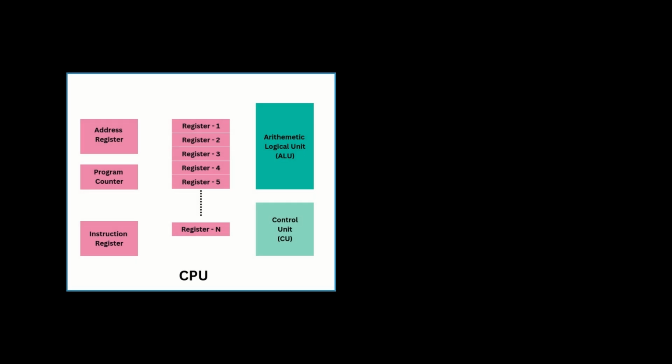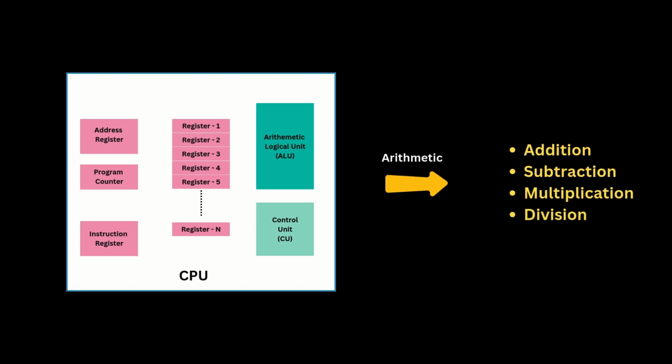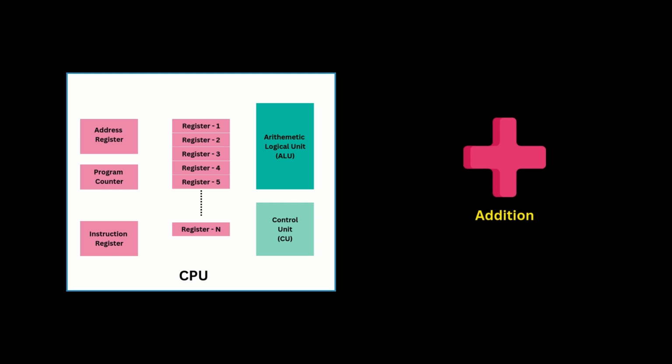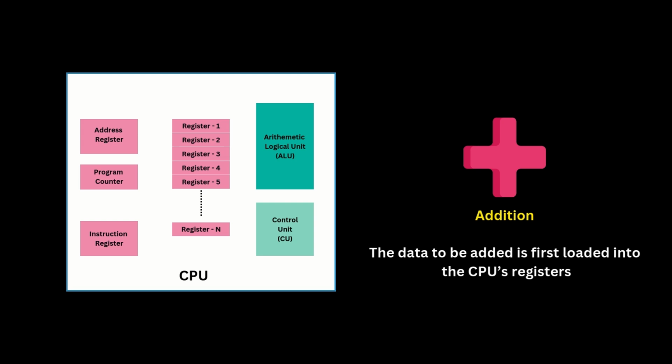The Arithmetic Logic Unit, ALU, is a core component of the CPU, responsible for performing arithmetic operations like addition, subtraction, multiplication, and division, as well as logic operations. When performing an addition, the data to be added is first loaded into the CPU's registers.